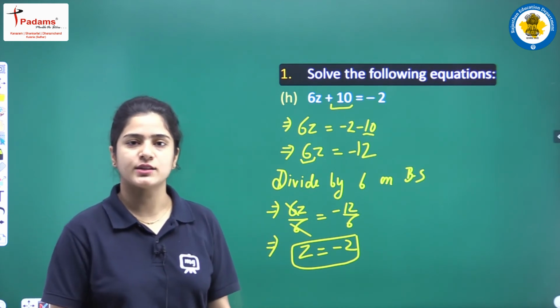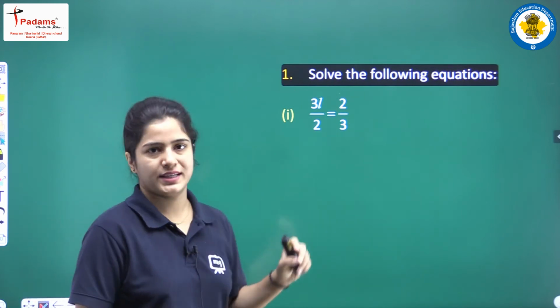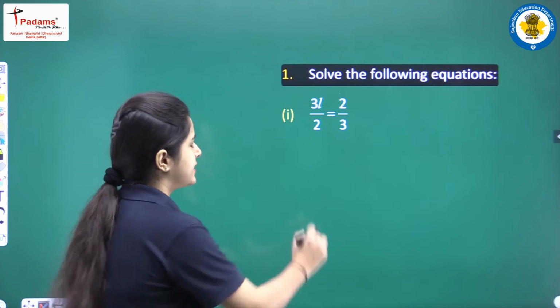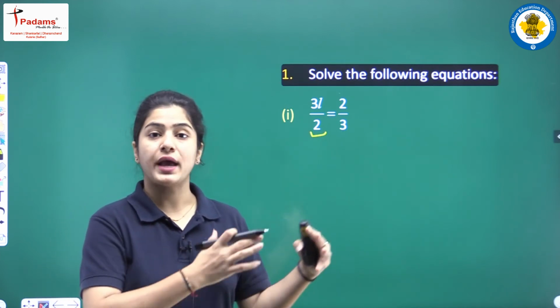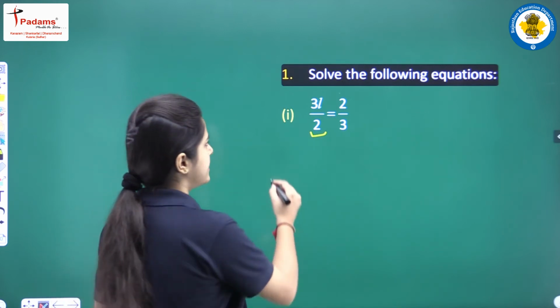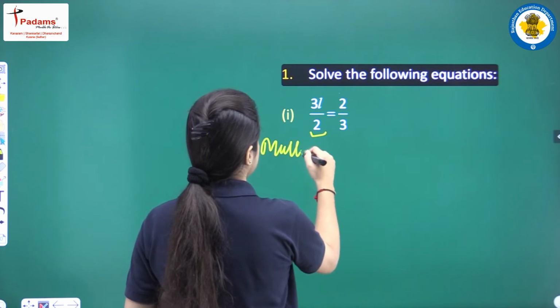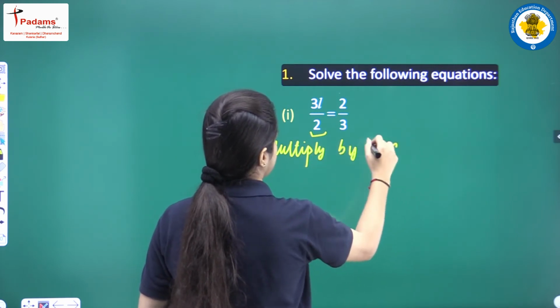Having a look at another question, 3l upon 2 is equals to 2 upon 3. Okay students, have a look. This 2 is in the division with the variable, right? So if you want to eliminate this 2, you have to multiply by 2 on both the sides.